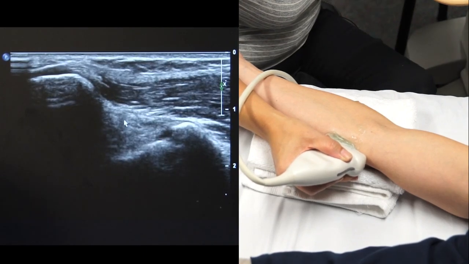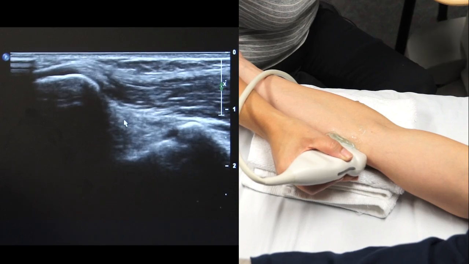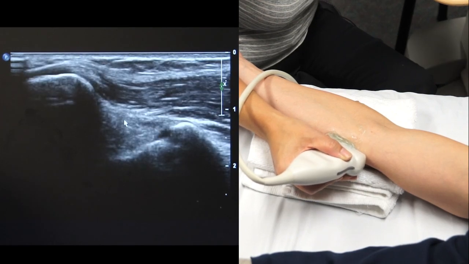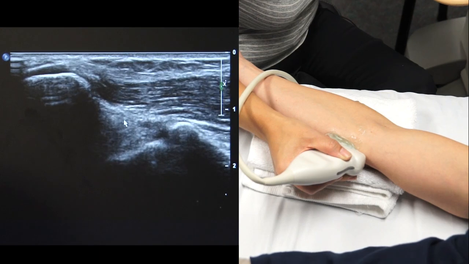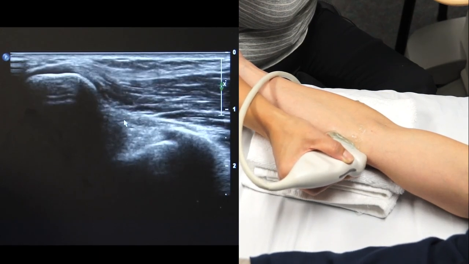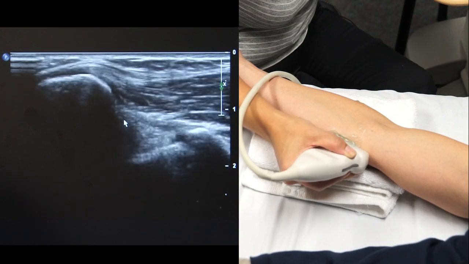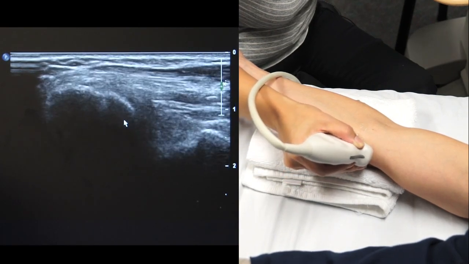Okay, now you want to make sure that the depth is set right, that you have the structures you're imaging included in view, and that the focus is on the structure you are imaging. So for now, we will be looking at the common flexor tendon, which is a little bit more anterior.